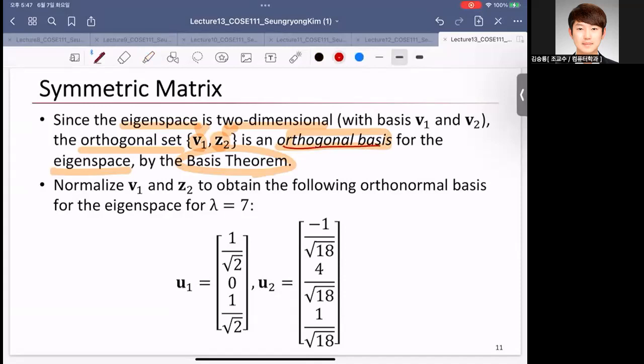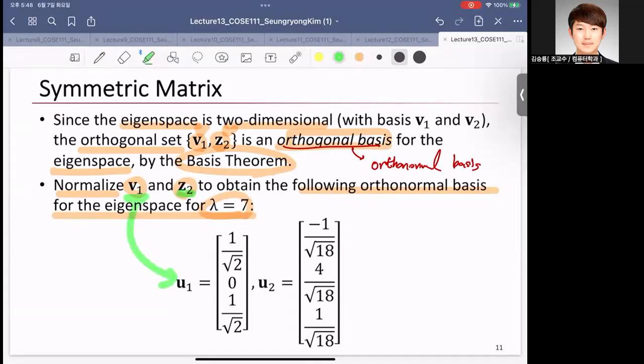Then we want to find an orthonormal basis. So we just normalize V1 and Z2 to obtain the following orthonormal basis for the eigenspace for lambda equal to 7. Let's normalize V1 to U1 and Z2 to U2. Then our new vectors U1 and U2 are going to be this one and this one.